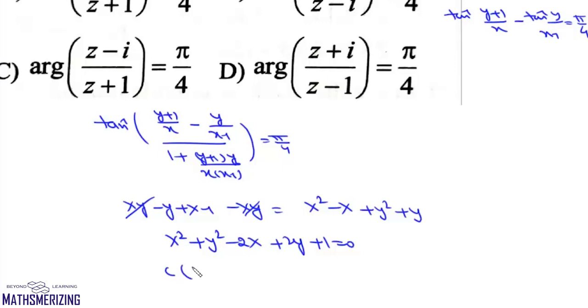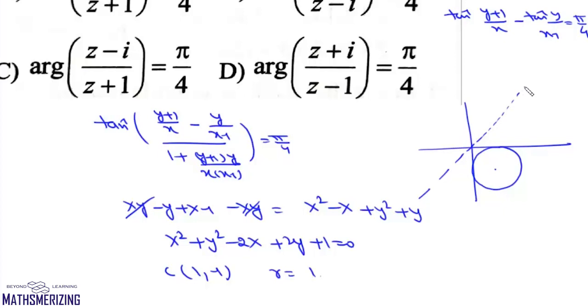Now center of the circle is at 1 comma minus 1 and its radius will be 1 unit. So it will be this circle. This is 1 comma minus 1 and radius is 1 unit. Now we have to take reflection of the circle about y equals x line.